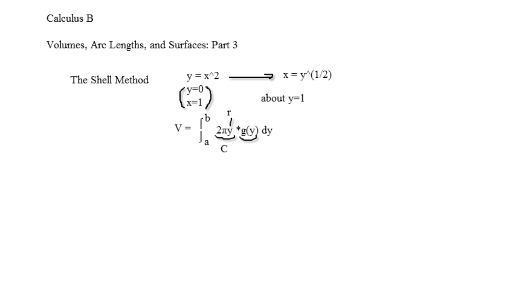This function in terms of y, this up here, is g of y. Let me fix that, there we go. This will actually be the height of our cylinder, and once again our dy will represent our thickness.